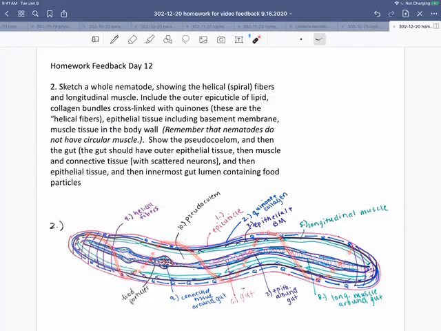So they're in this outermost layer wrapped around like this. What that does for a nematode is that every time it contracts its longitudinal muscles on one side, it bends in that direction. As soon as it relaxes, then elastic recoil will bring it back.